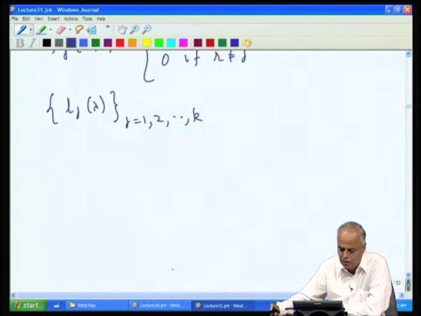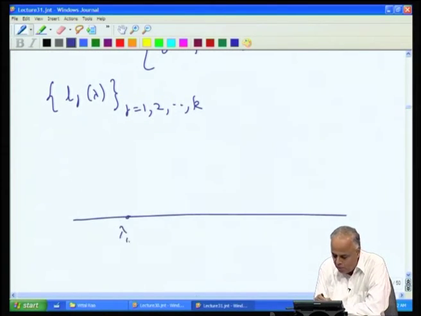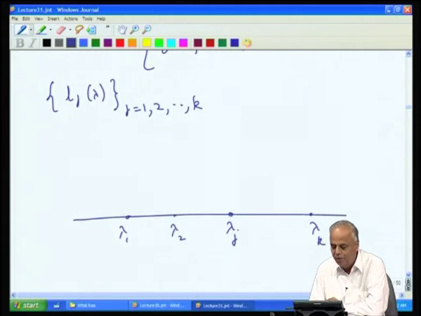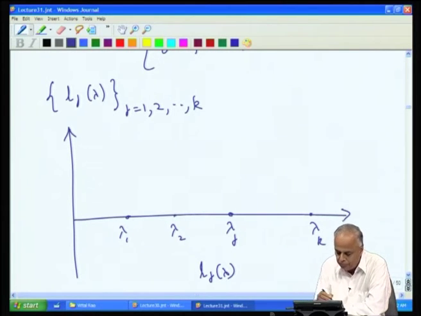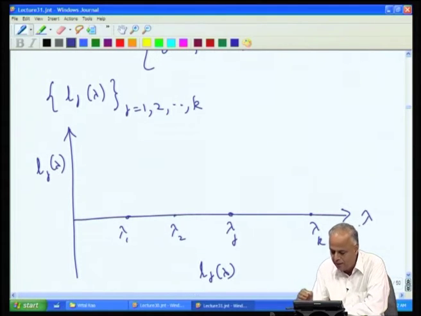So, if you just loosely plot, assuming lambda 1, lambda 2, lambda k were all real numbers, and we plotted this L j, let us say we plot L j lambda along the y axis, and this is the lambda axis.